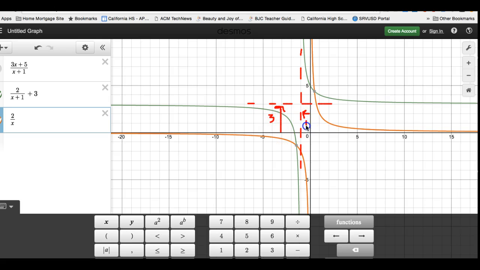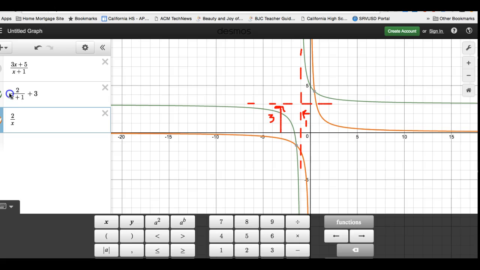So we went 1 to the left and 3 units up. Notice that our translations are just our new asymptotes. y equals 3 means we did a vertical shift of 3. x equals -1 means we did a shift to the left 1.